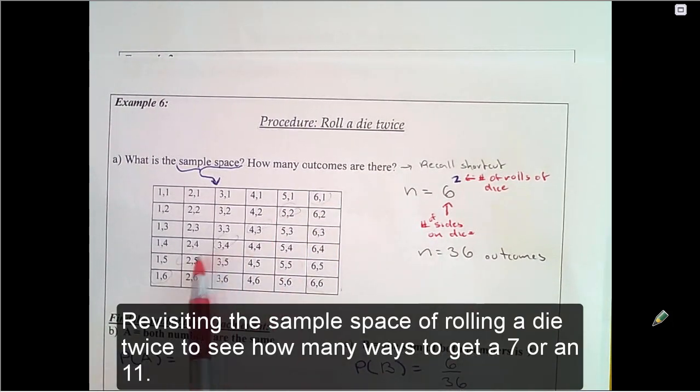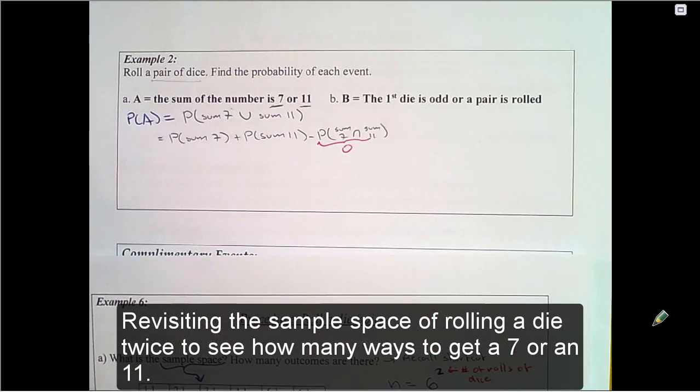Revisiting the sample space of rolling a die twice to see how many ways to get a 7 or an 11.